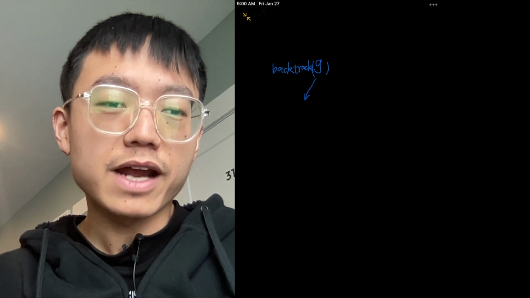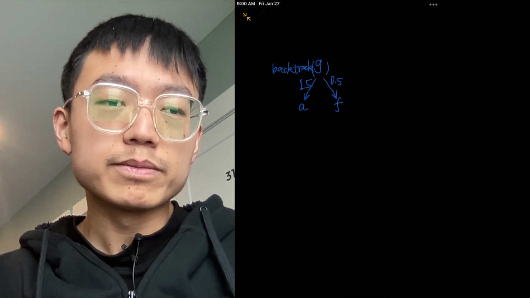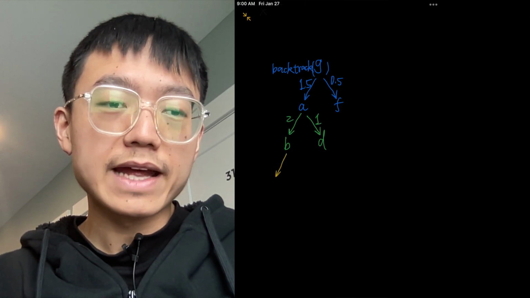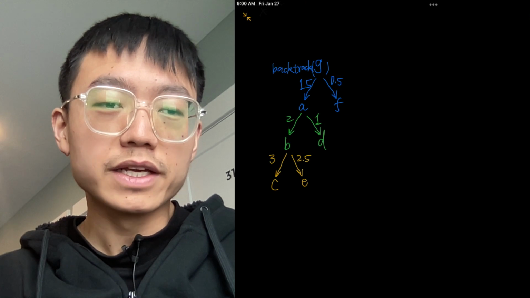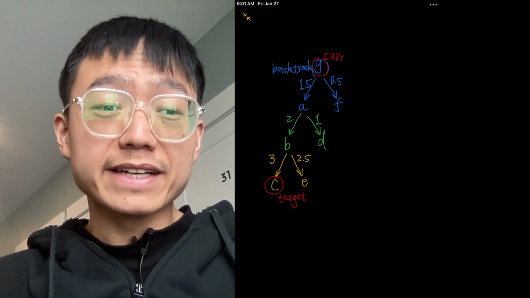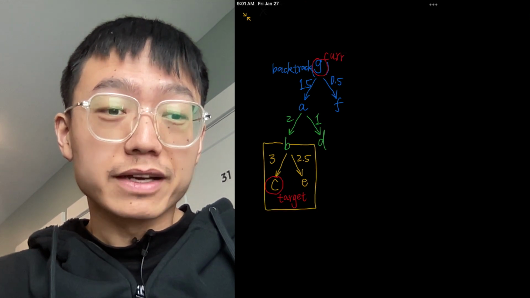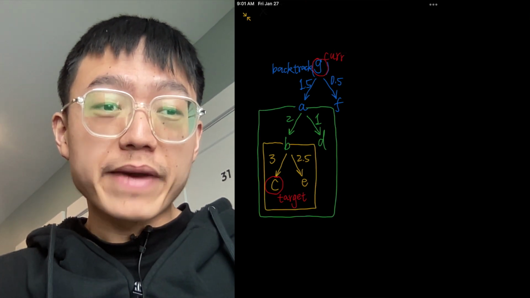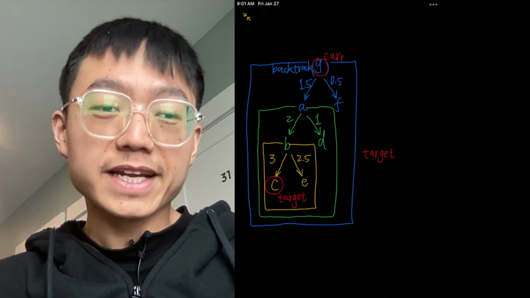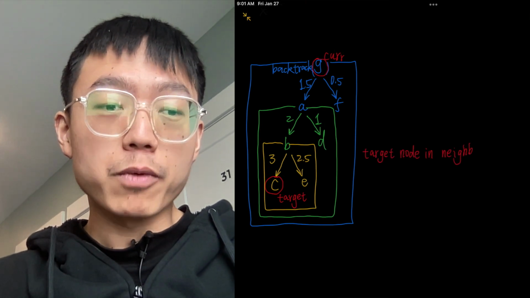Let's say G is our current node and C is our target node, and we try to do backtrack for G. So G has two neighbors, A and F. Neither of them is node C. So we try to do backtrack for A. A has two neighbors, which are B and D. Neither of them is our target C. And then we'll try to do backtrack recursively for B. B has two neighbors, which are C and E, and C is the target we want.